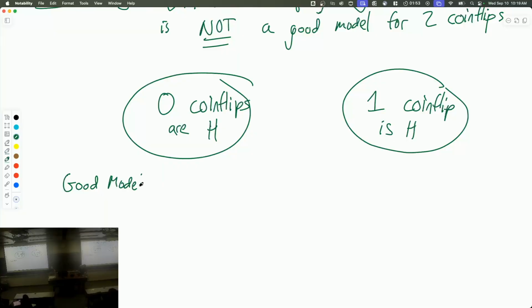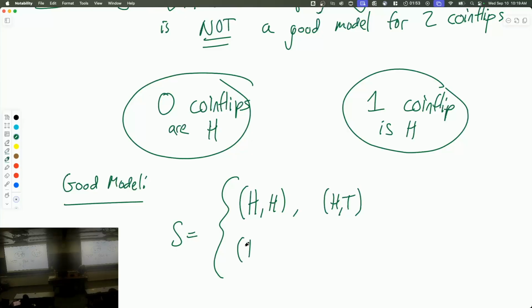is the kind of thing we've been doing with a grid. So the actual model you should use is this S, which has 4 things in it: heads, heads; heads, tails; tails, heads; and tails, tails. And now we have symmetry. These 4 outcomes are all equally likely, and they do have a symmetry. The map between heads, heads and tails, heads is, imagine at the mint where the coin was printed, that it was printed upside down.